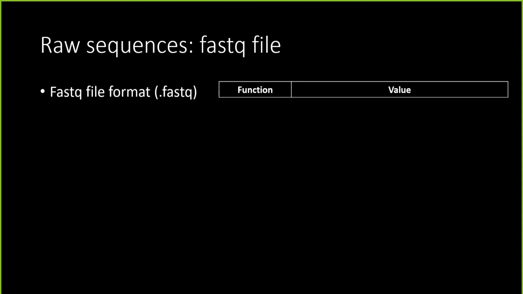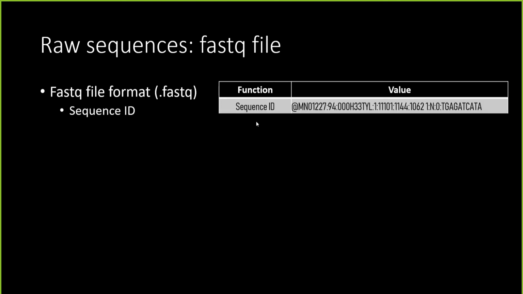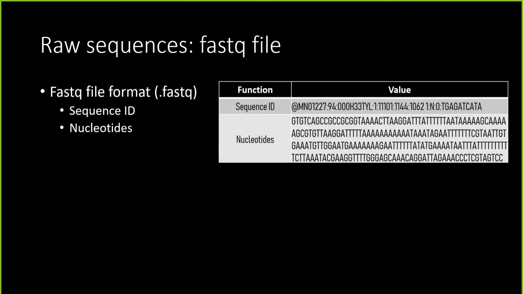So here I have a table where I'm listing the function of the actual file that we're going to look at, and then the value that it will show you. The first thing it's going to show you is the sequence ID, which is just a unique identifier for a specific sequence. Below that, it's going to have the nucleotides that correspond to that sequence.